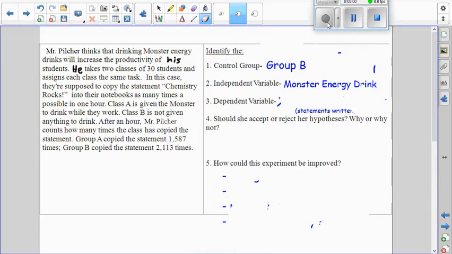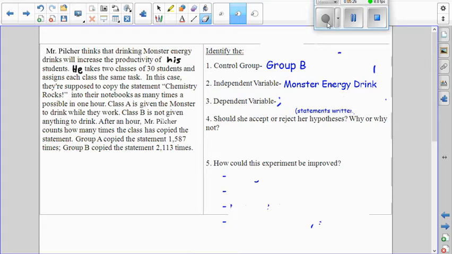I said, all right, Jameson, your class gets a can of Monster, and your class does not get a can of Monster. I chose that change before the experiment even started. I knew what that change was going to be before I even started the experiment. Monster Energy drink. Some people could have written amount of Monster here as well. You don't have to have these exact words.